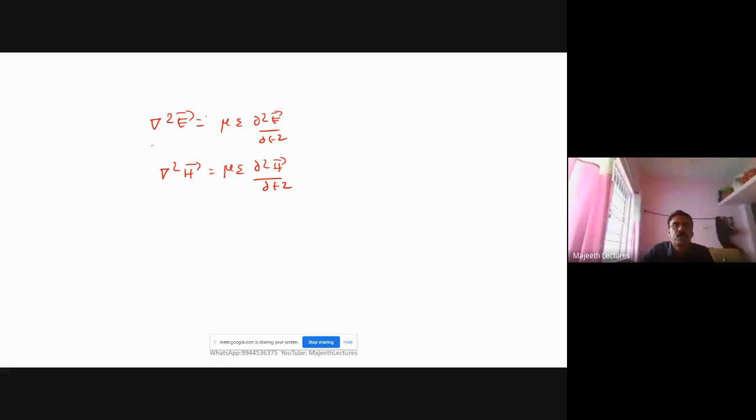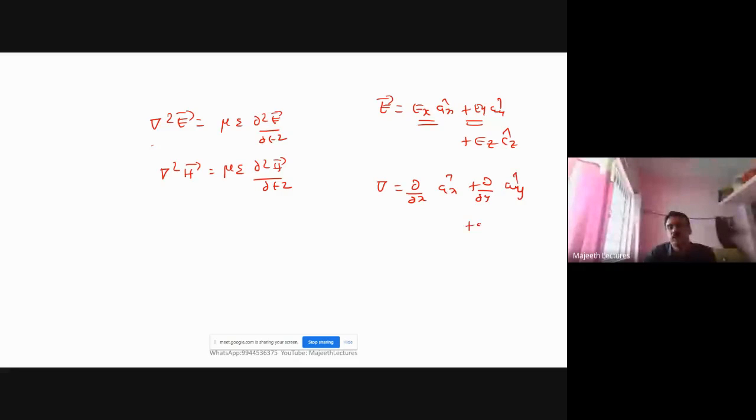Here we know electric field can be written as Ex plus Ey plus Ez, so it has three components, right? Del is nothing but dou by dou x, Ax, dou by dou y, Ay, dou by dou z, Az.